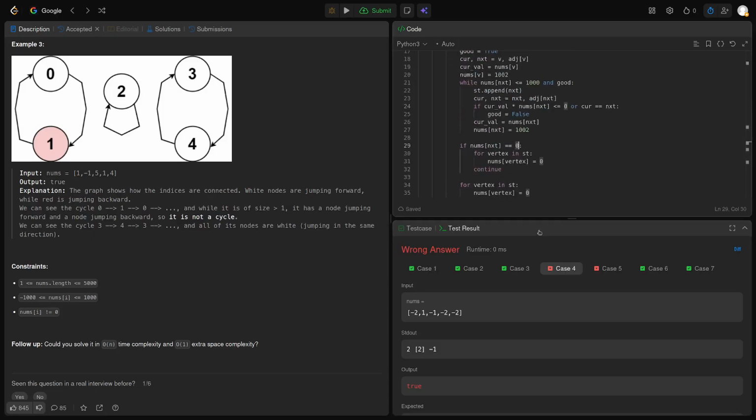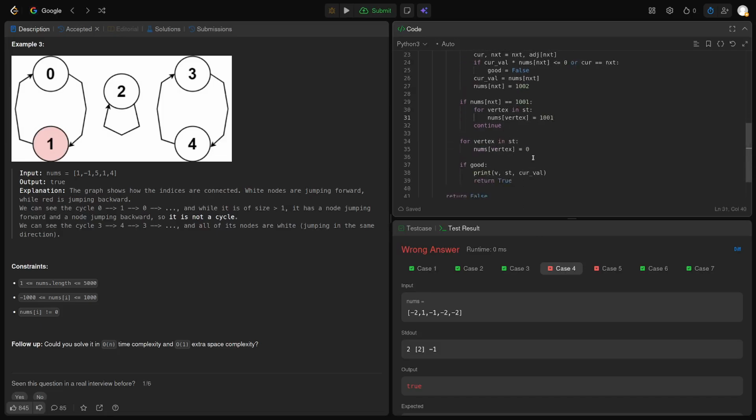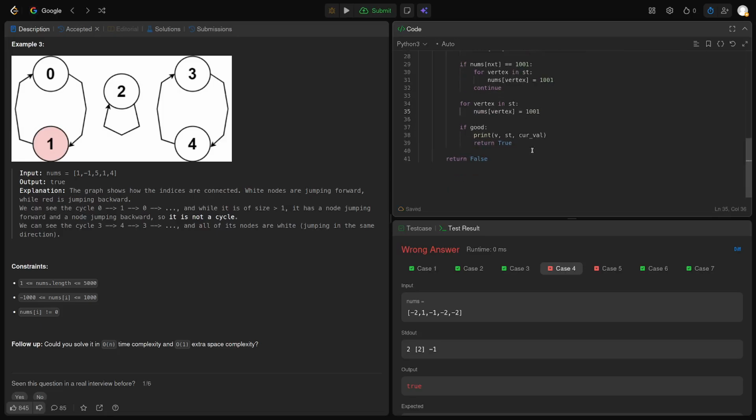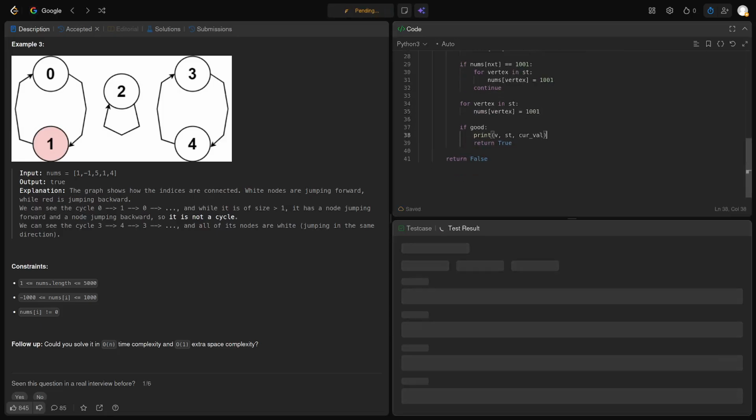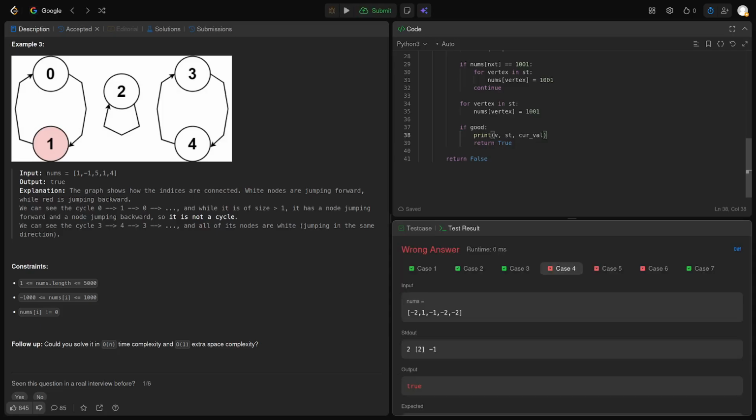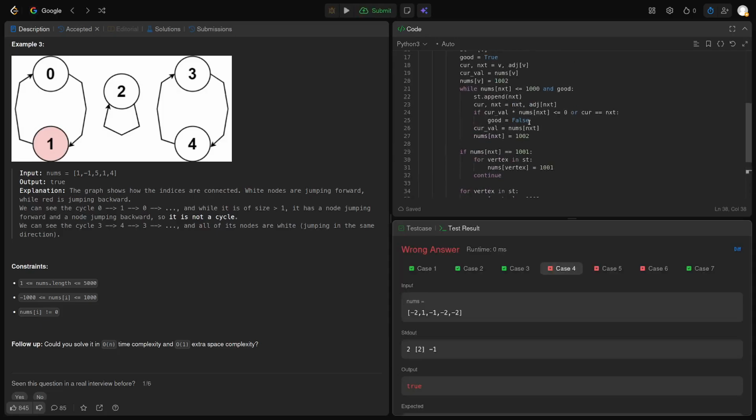Yeah, this is bad. So if it's not 0, but this is if it's 1. So if it's equal to 1001, then we set it to 1001. Could work. Doesn't work at all.